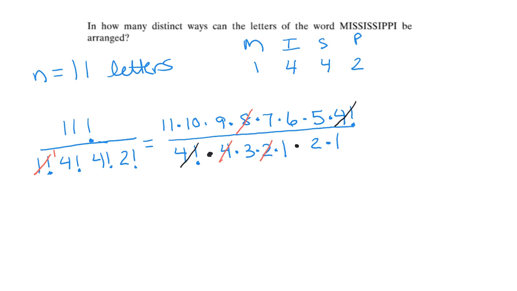And then I can also do 3 times 2 is 6 and divide out the 6 in the numerator. Again, most of you will probably just do this in your calculator, and that's not a problem. I just like to show some work. 34,650 distinct ways for these letters to be arranged.